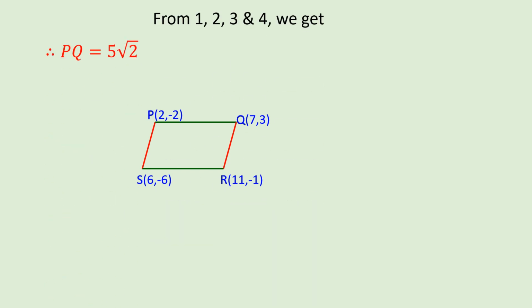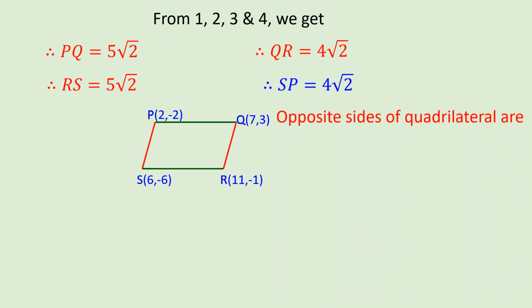So we'll write down here: PQ equals 5 root 2, QR equals 4 root 2, RS is 5 root 2 and SP is 4 root 2. All the side lengths we have. Now we see PQ is 5 root 2, RS is 5 root 2, so the opposite sides of the quadrilateral are PQ equals RS equals 5 root 2.